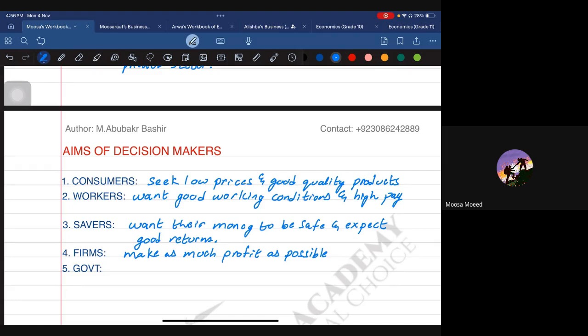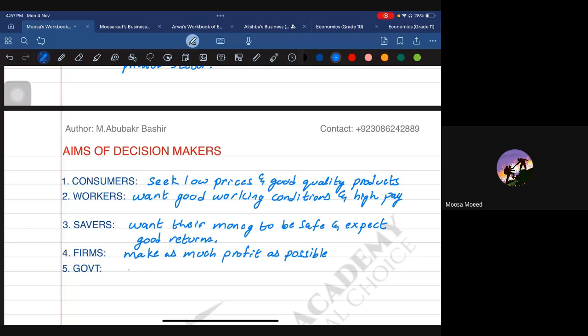Obviously, when they are entering into a market, they would want to survive, but that survival is also for one big aim, that is to make money, that is to make profits. I'm talking about the private sector firms which are aiming for profit, not the social enterprises. If you add the social enterprise, their purpose is probably the social welfare as well.